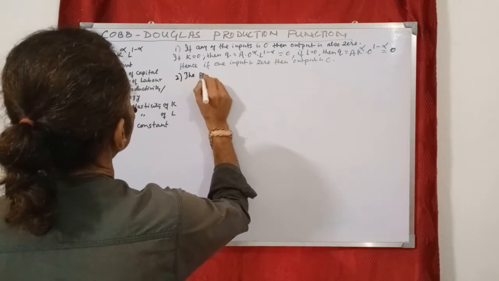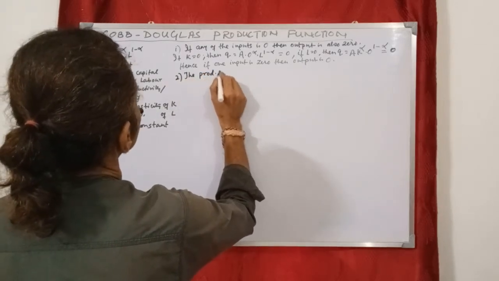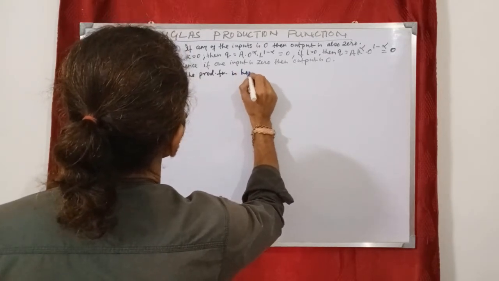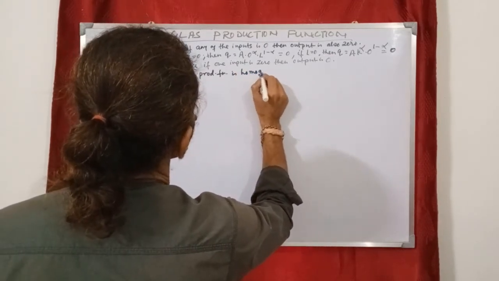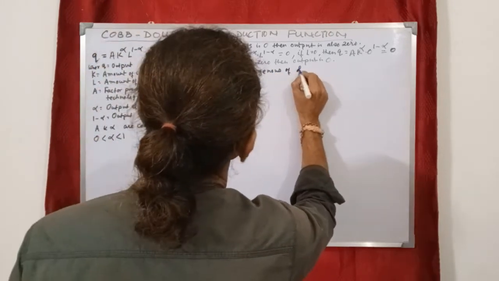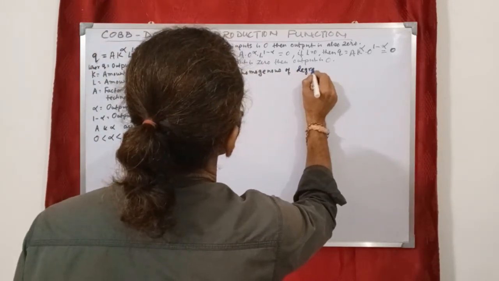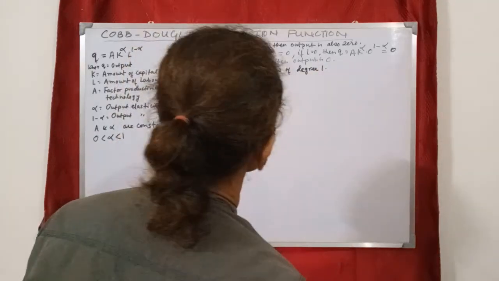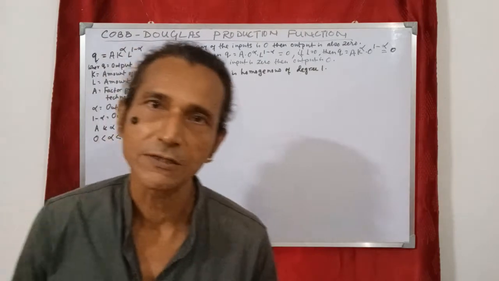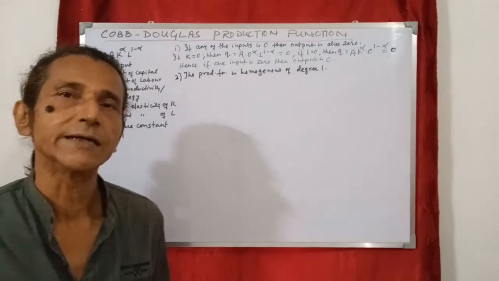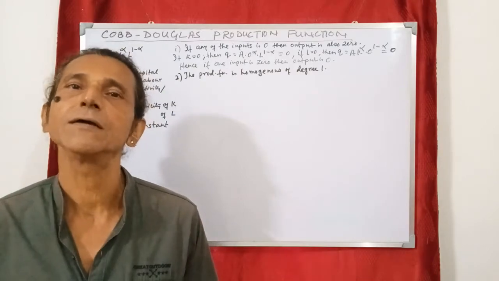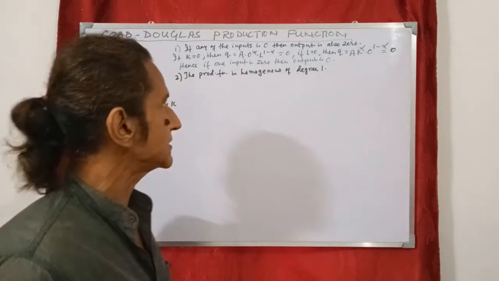The production function is homogeneous of degree 1. What is meant by homogeneous of degree 1? This means if inputs are increased by say beta times, then output will also increase by beta times. Let us see how it happens.